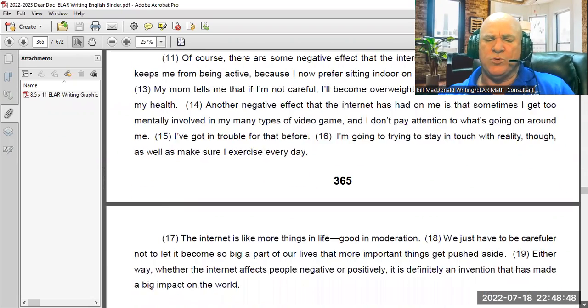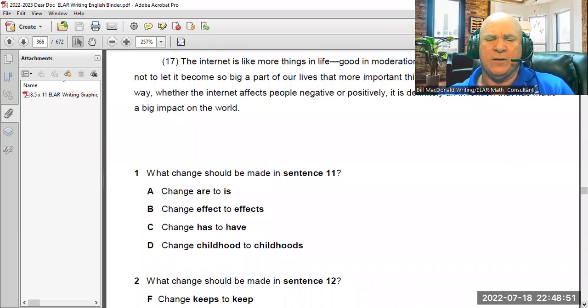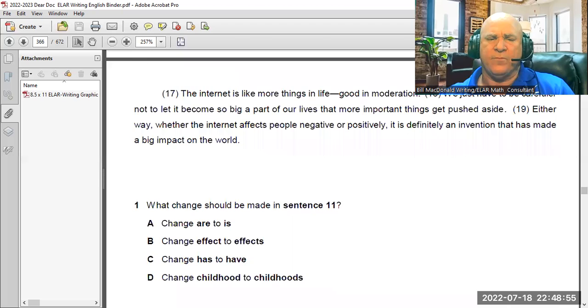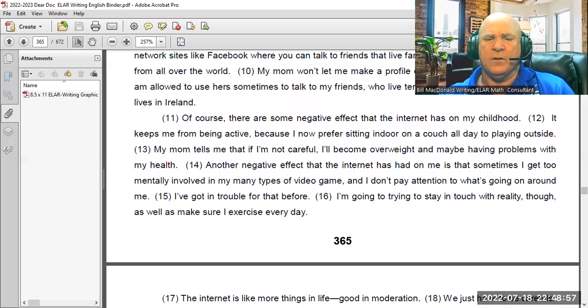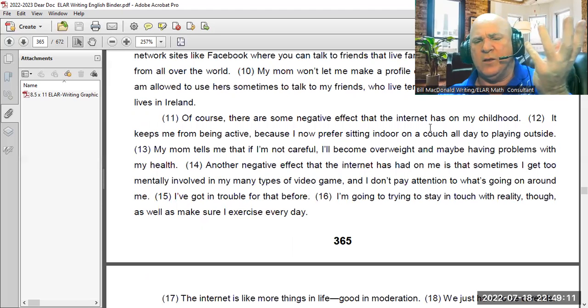Let's try to read softly or loudly. C, change has to have. 11. There are some negative effect that the internet have on my childhood. Have, has. The internet is basically one object. I would probably say has on my childhood is a better choice.